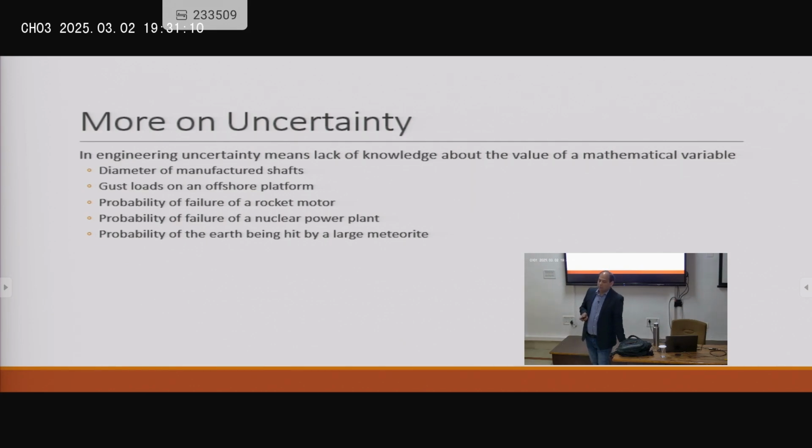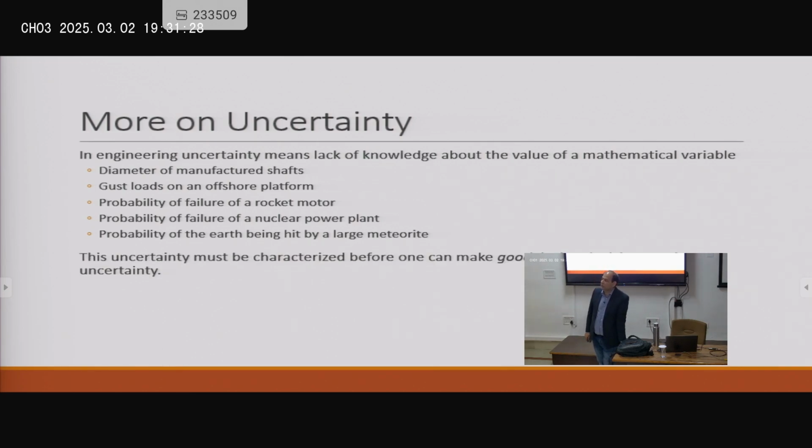When you have offshore platforms that are subjected to wind and gust loads together, you need to be able to design them to avoid failure by considering both of them simultaneously. Probability of failure of a rocket motor, probability of failure of a nuclear power plant, probability of the Earth being hit by a large meteorite. Okay? So these uncertainties must be characterized before one can make good decisions under uncertainty.